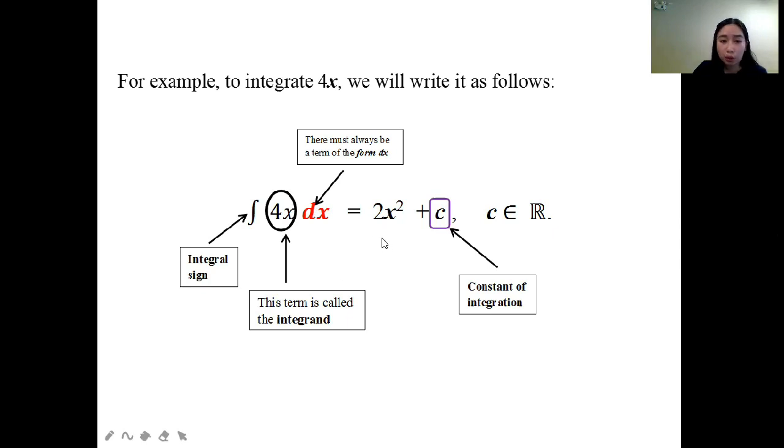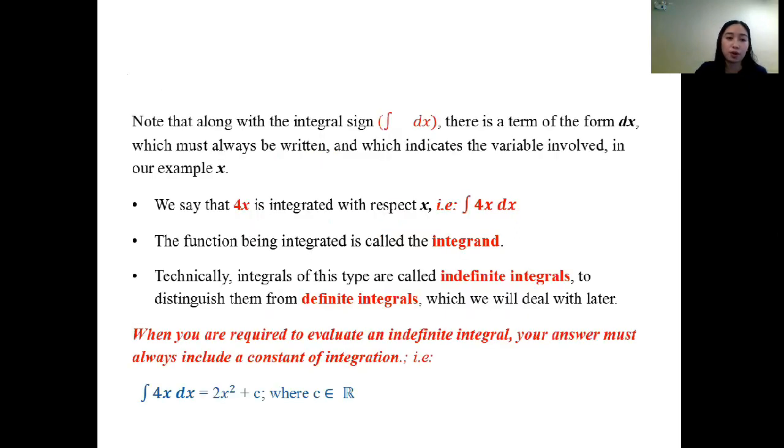Okay? Is equal to, when we integrate it, right? It is just the reverse of differentiation. So 2x squared plus c, since c stands for any constant of integration. Okay? So c is a member of real numbers or any real number.